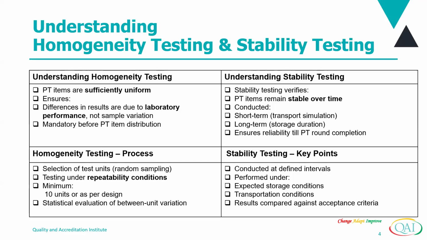So this is critically important: at the end of the PT scheme, at the time of finalizing your statistical calculation, you have to ensure, using this comparison method, that your assigned value compared to the independent reference value is satisfactory.